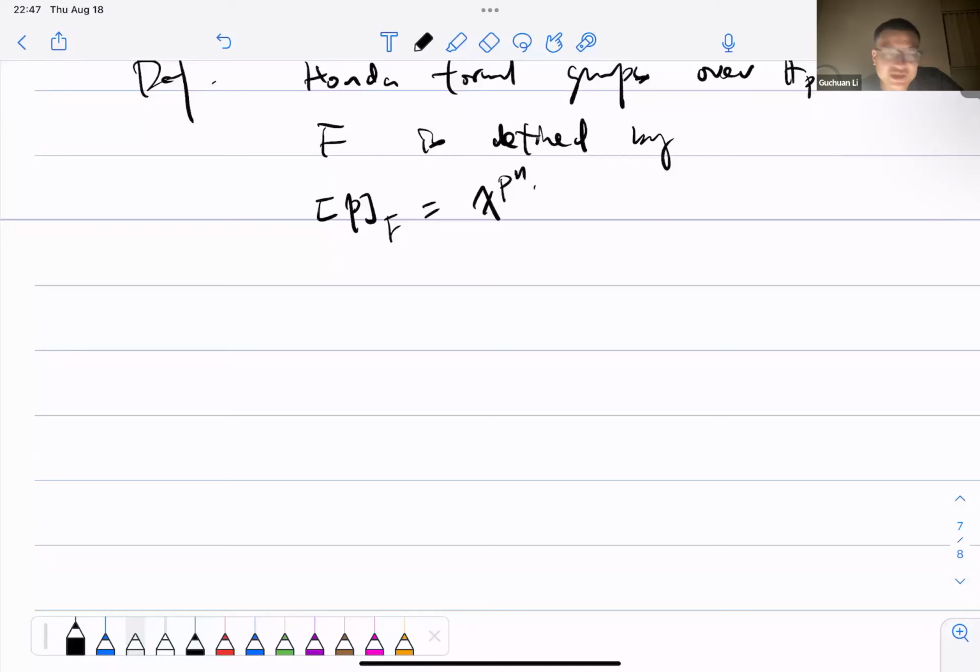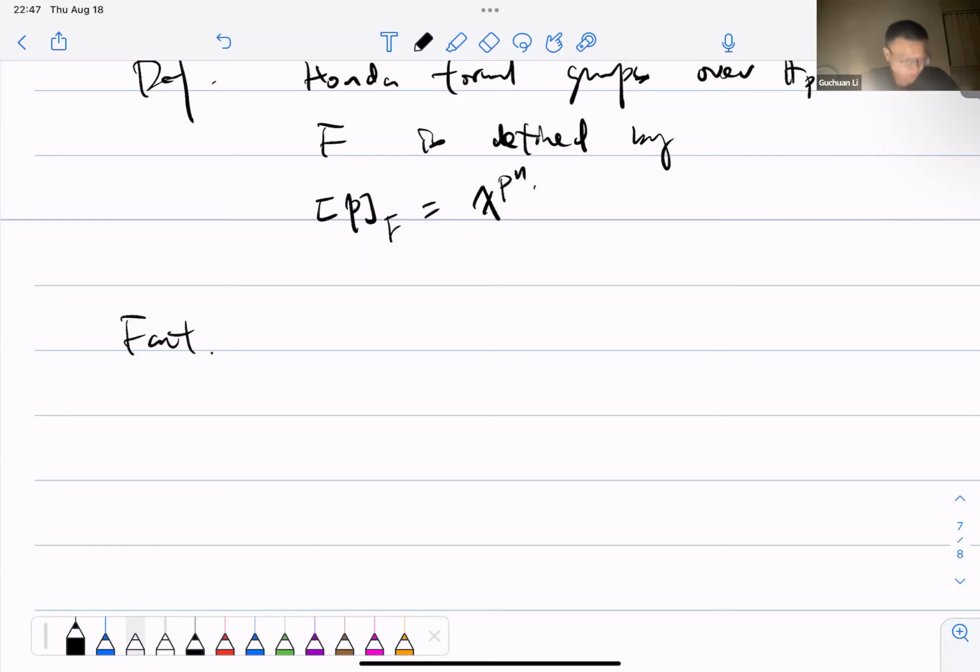So in the remaining few minutes, which part do I want to cover? Due to time, let me just state the fact and not say more about it. In the previous case, we said something important is the Galois group, which can be regarded as automorphisms of the formal group law.